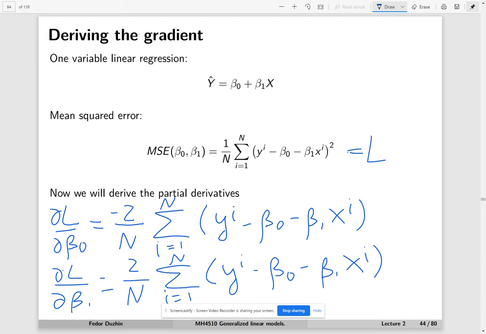And now I need to differentiate this expression inside the square with respect to beta 1, right? With respect to beta 1, this is just a linear expression, and its derivative is just minus xi. So I'm going to write minus in front, times xi. So these are the partial derivatives. Later we're going to implement this in R, by hand, and see what it looks like.